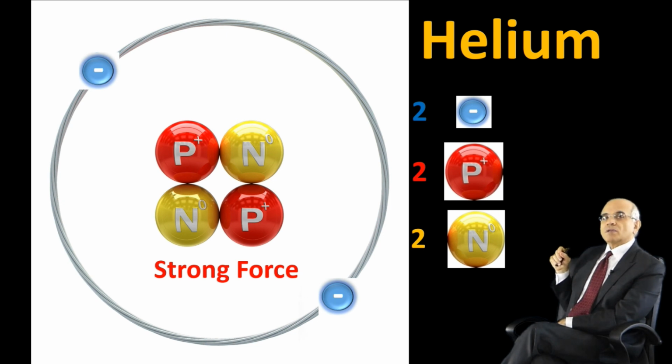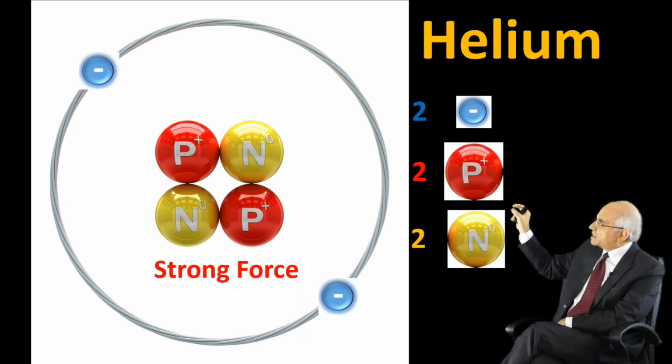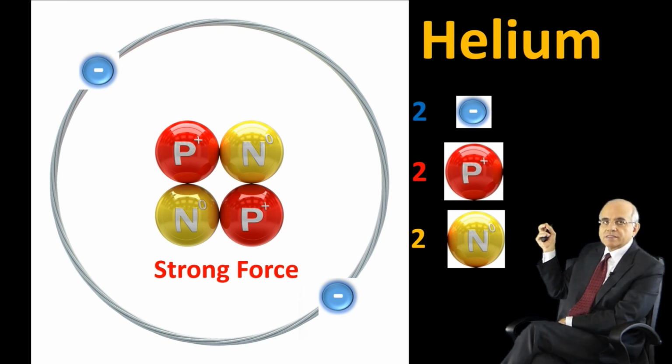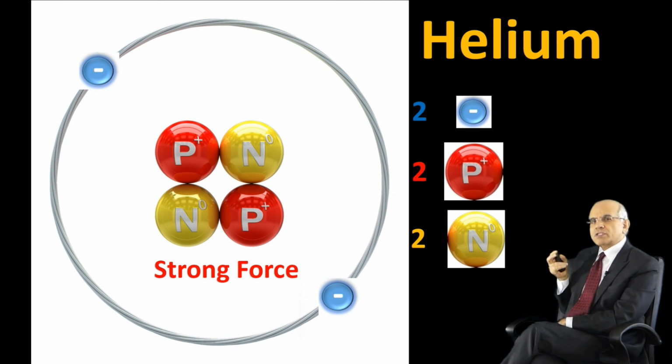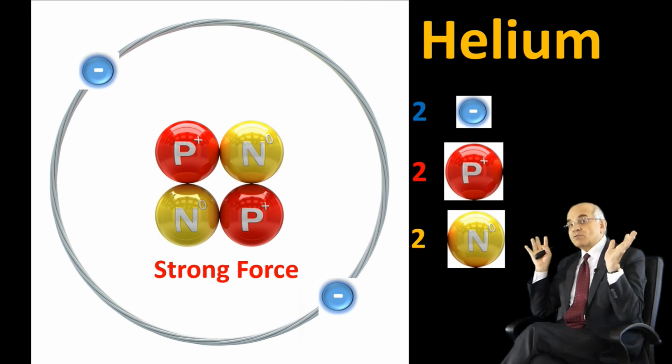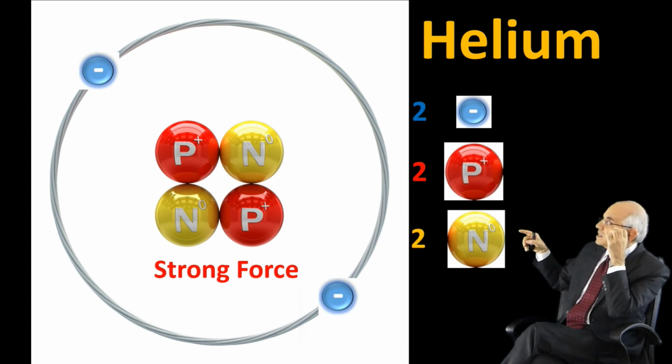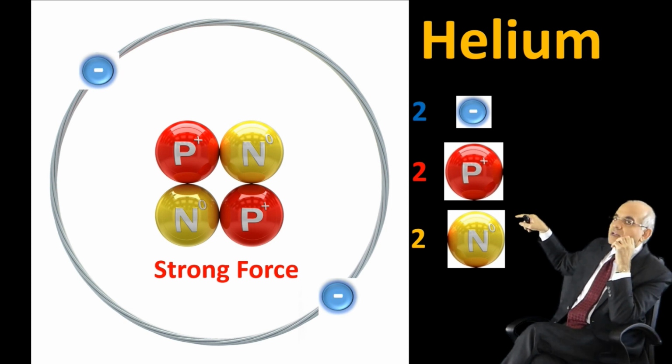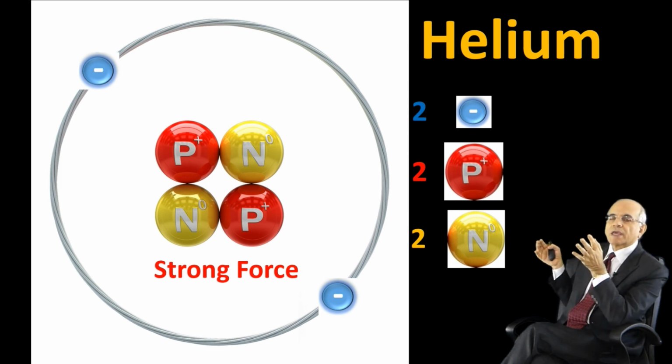The helium also, in the nucleus, we call the central part of the atom the nucleus, has 2 neutrons. What's a neutron? It's a particle that is equal to the proton in mass, almost the same in mass, but it has no charge. So that's why you see this N here for neutron is written N with 0, which means it has no charge. Okay?